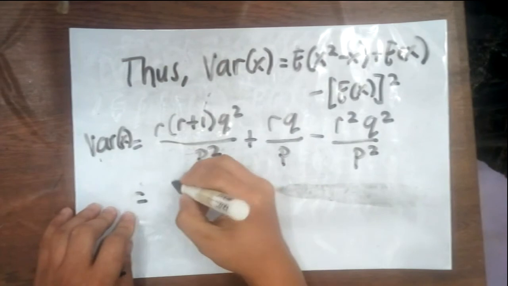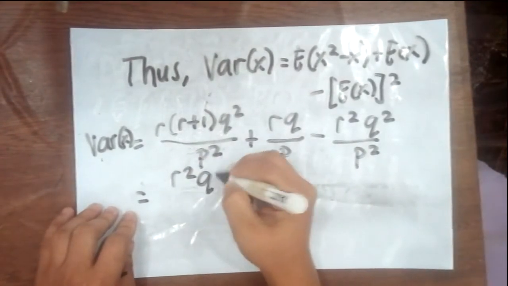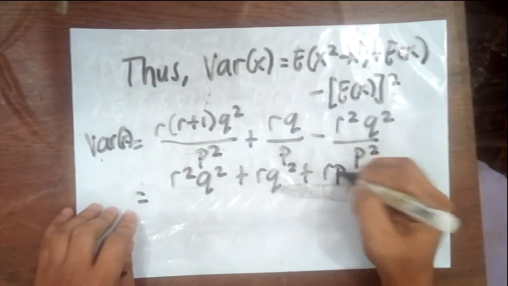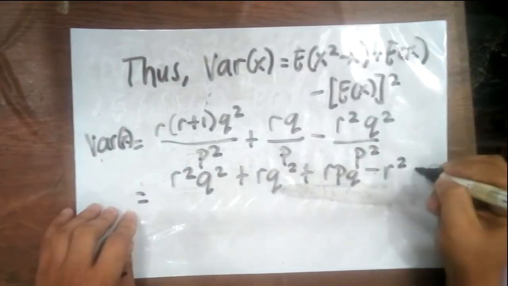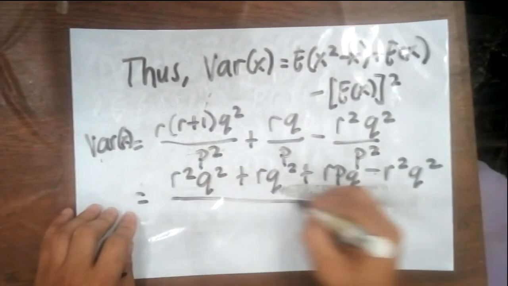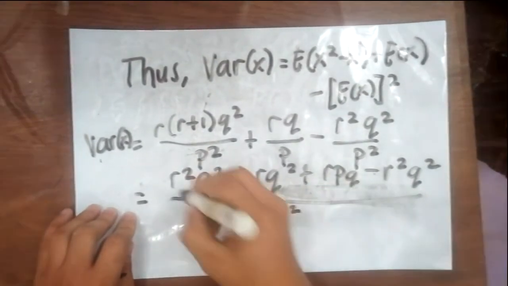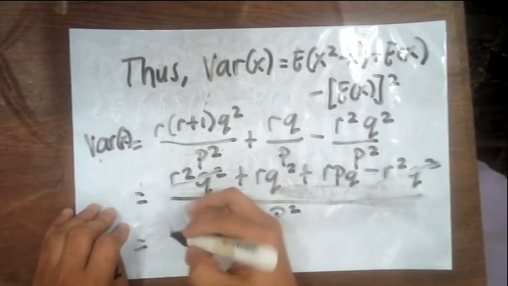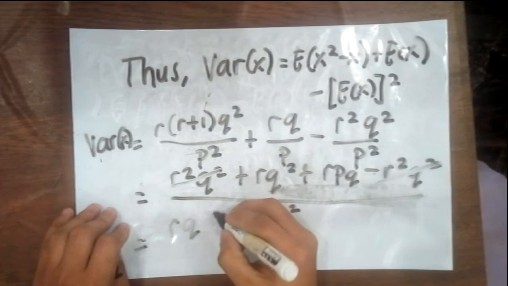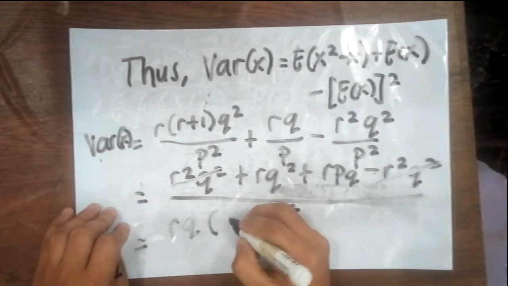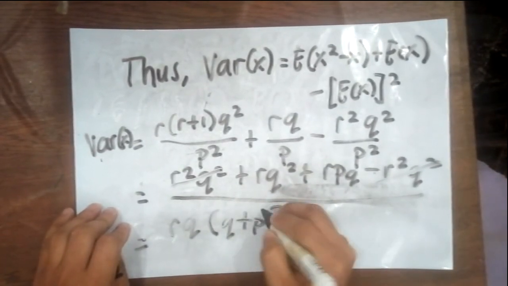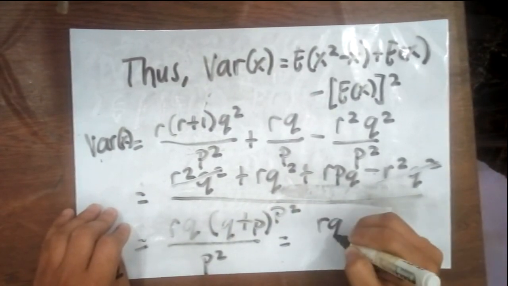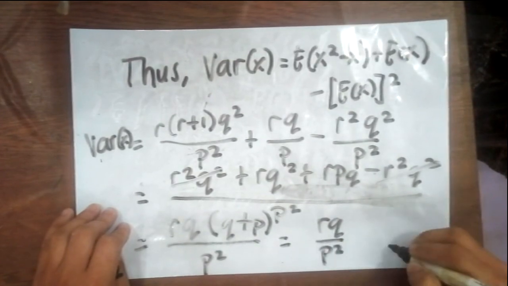But this is equal to r squared q squared plus r q squared plus r p q minus r squared q squared, all over p squared. Cancel, cancel, and this is equal to r times q times q plus p over p squared, and this is equal to rq over p squared, and we're done.